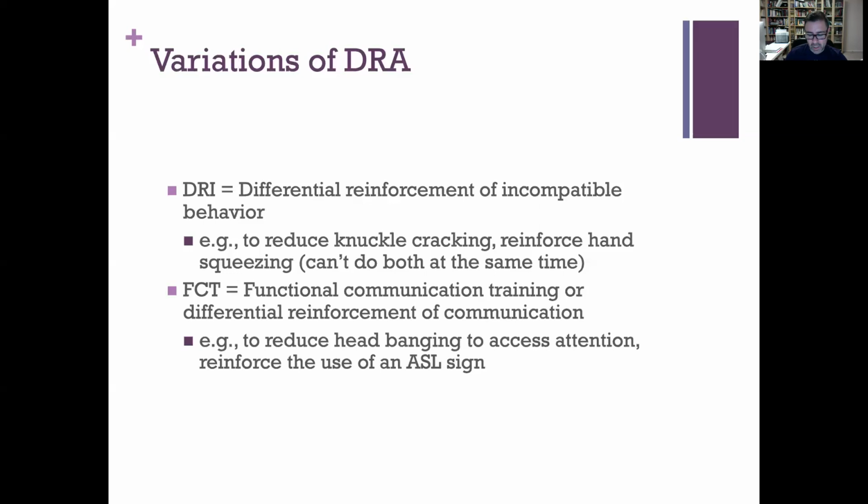Now, here's another one, cursing. What would be an alternative behavior that could be reinforced? So cursing would be placed under extinction, and then you could prompt an acceptable behavior that would then produce reinforcement. So other exclamations such as darn could be one. Being off task.